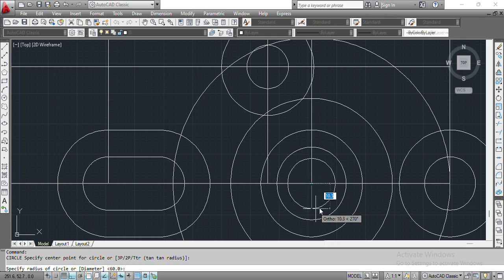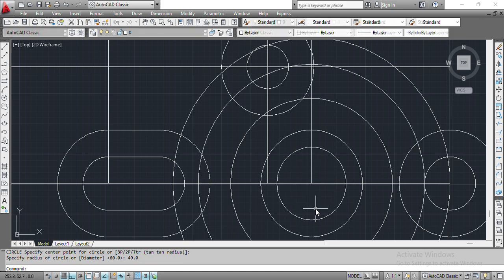So we have another circle of radius 49.0. Good.